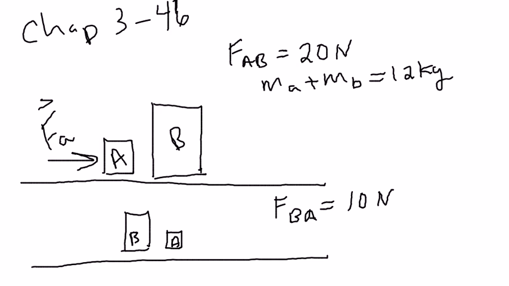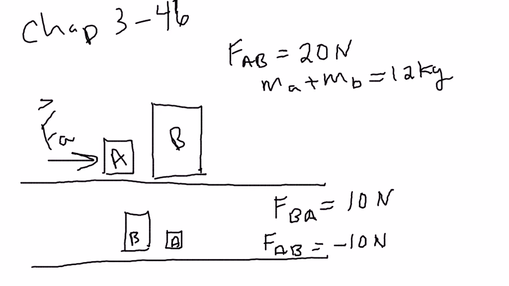The problem, as written, actually says that the force that A exerts on B is minus 10 newtons. So the idea here is that in this case, block A is pushing back against block B with a force of 10 newtons.